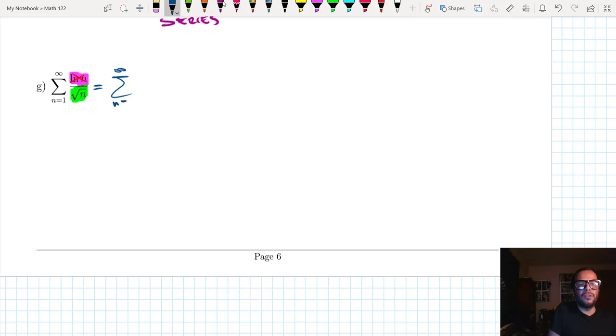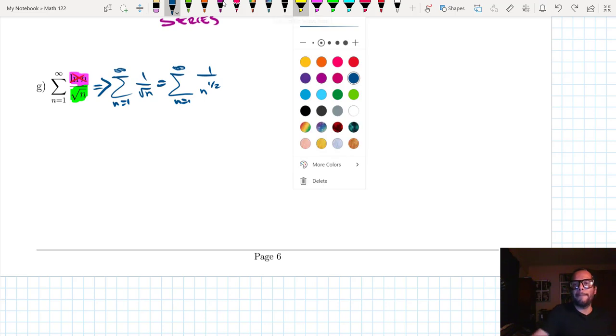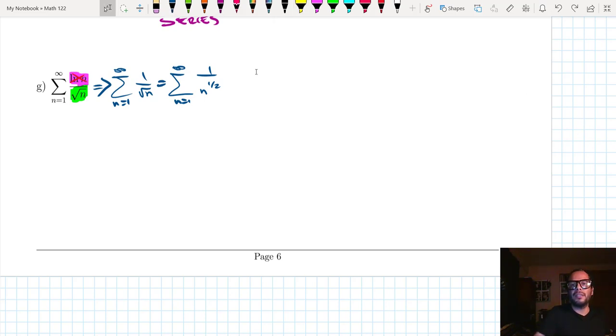Sigma n equals 1 to infinity of 1 over square root of n, which is the same as saying, oh, by the way, this is not an equal sign arrow, but in this case, this is equal. n equals 1, 1 over n to the 1/2. Let me highlight this 1/2. That 1/2 is p.